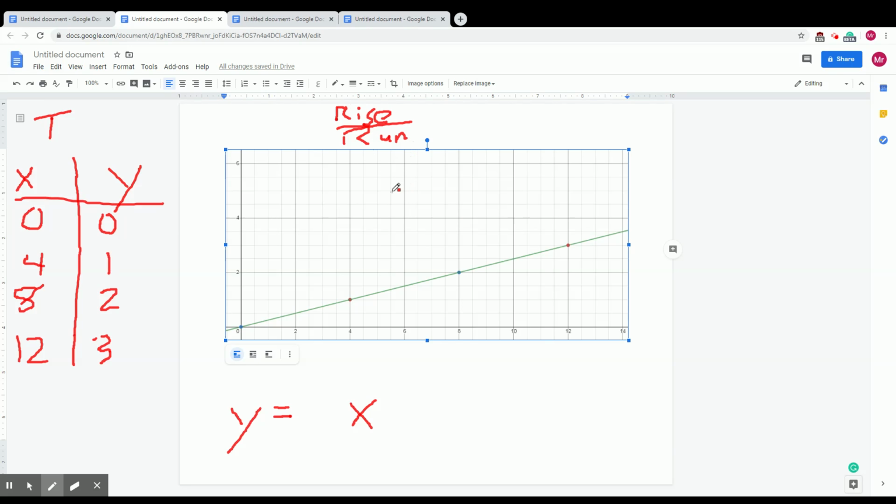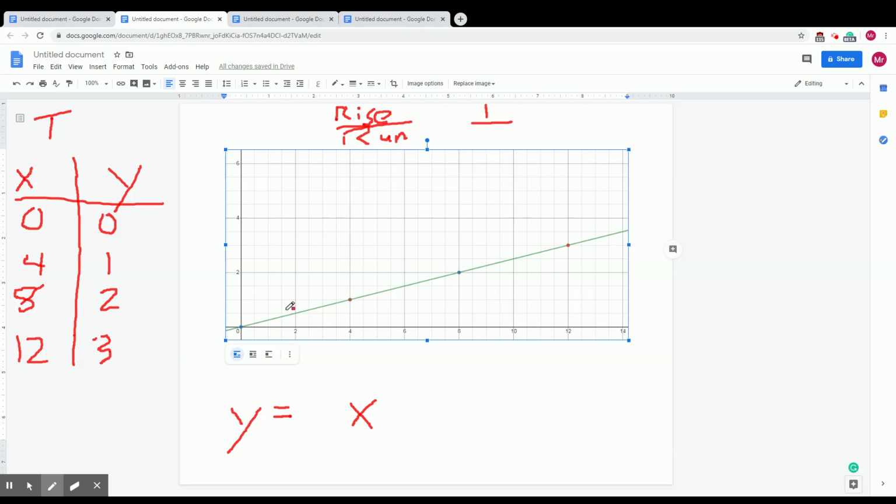All right, so I have rise over run. And quite literally, I'm going to check on my points how far it's rising and how far it's ran. So I have 1 point right here, and I want to see the change in between these 2 points. Okay, so I'm going to check the rise. This one goes up to 1. So the change from here to here, it goes up by 1.